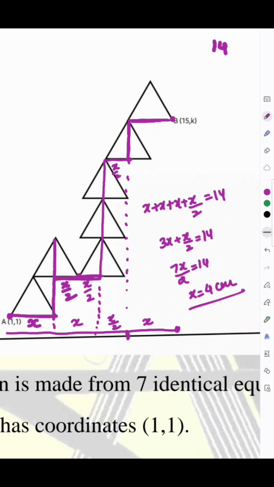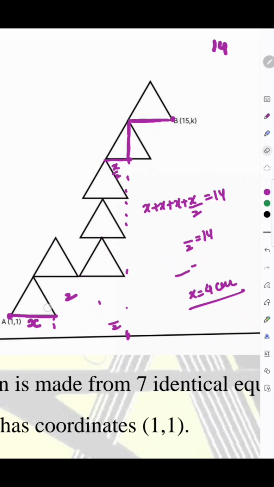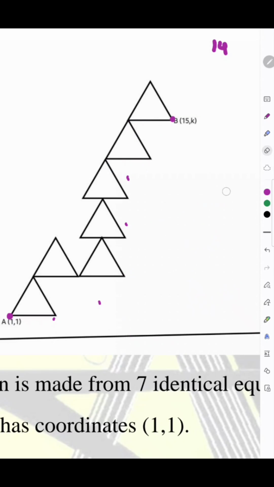Now it's very easy to calculate k because now we are calculating how much we are moving in the y direction. So let me understand the motion on the y-axis. We are starting from 1, obviously. So we have to move from here till here. I'll move this height. Let's say the height of this equilateral triangle is h.